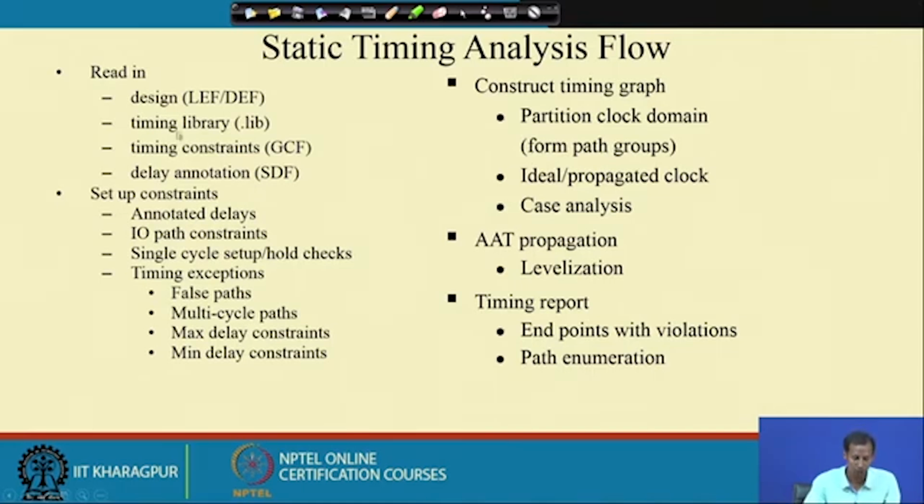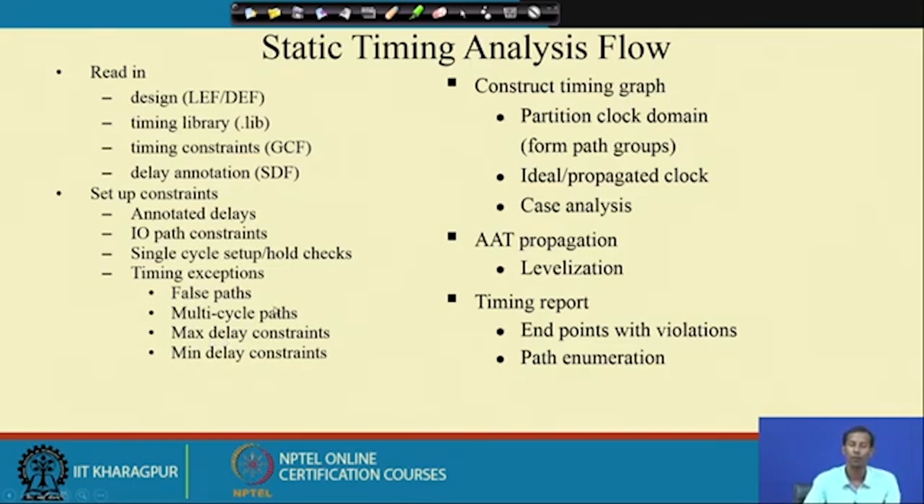If I provide all this information to the EDA tool, only then can the tool give you the timing analysis report. Along with that, whenever we are doing timing analysis, you have to follow the annotated delays, then IO path constraints, then single cycle setup or hold time checks, then timing exceptions for false path, then multi cycle path, maximum delay constraints and minimum delay constraints.